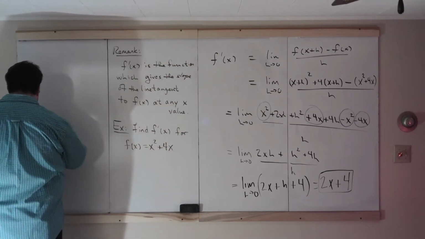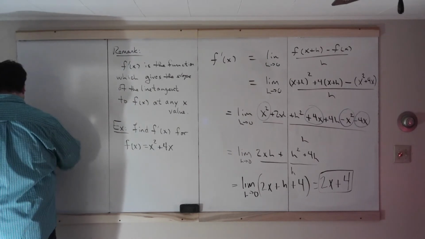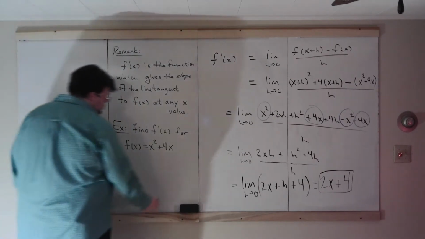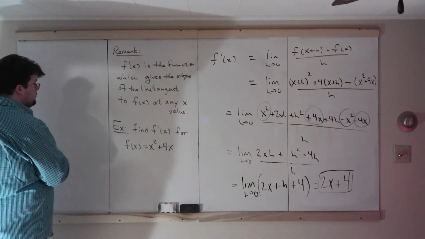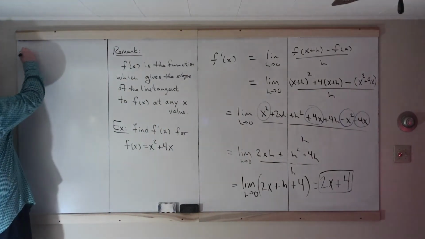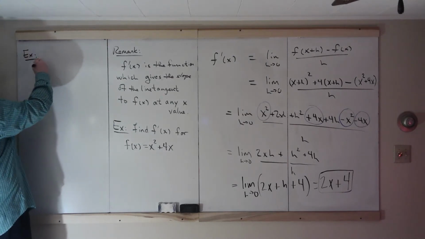So that remark says that this function gives the slope of a tangent line to this function at a given point. So let's do an example. Let's do 2 parts.